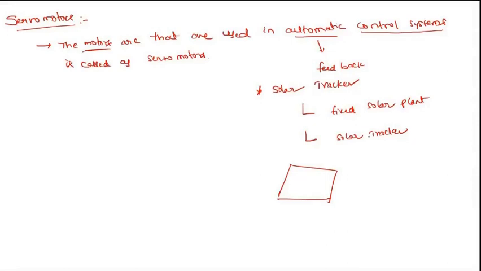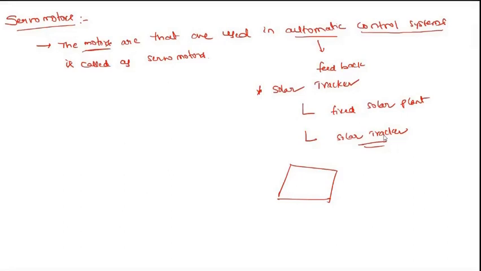Whereas in case of solar tracker, the solar panel moves with the direction of the sun. Basically, the sun moves from east to west. The sun rises in the east and sets in the west. So when the sun moves from east to west, the solar panel moves along with the direction of the sun. That is called a solar tracker.